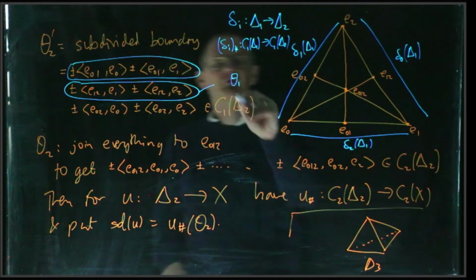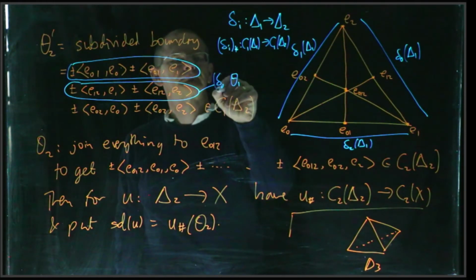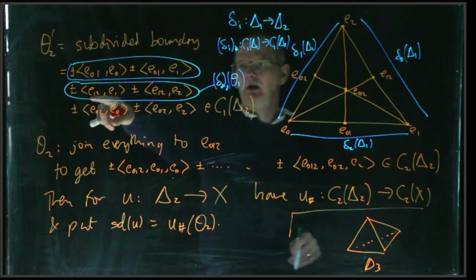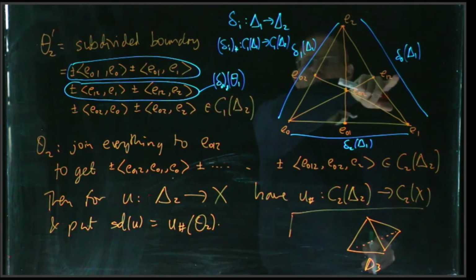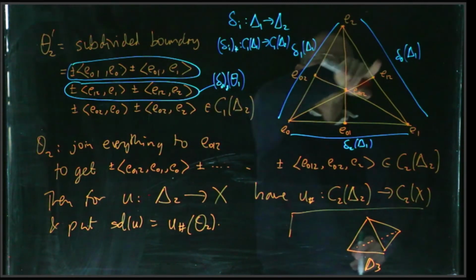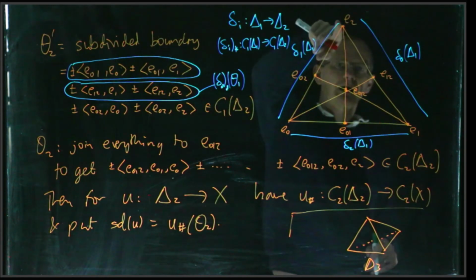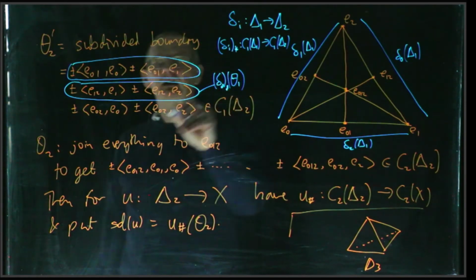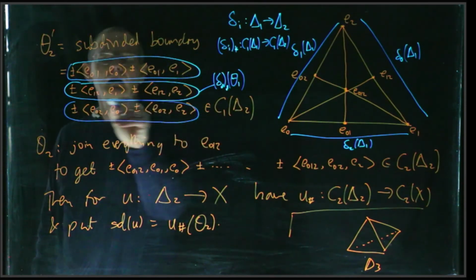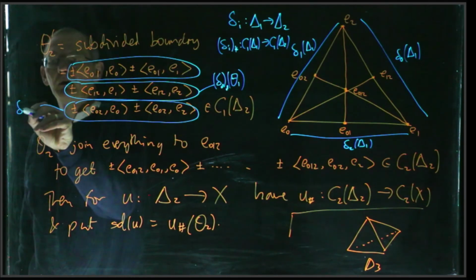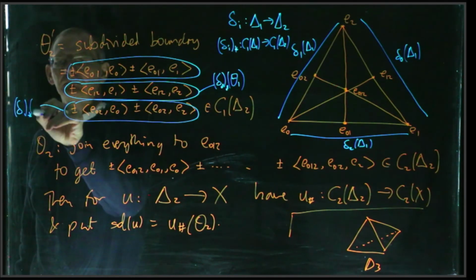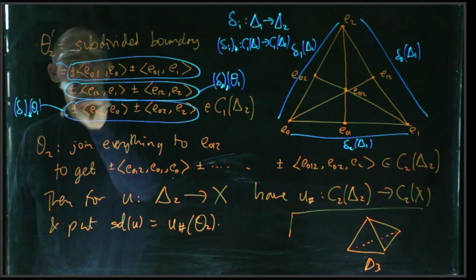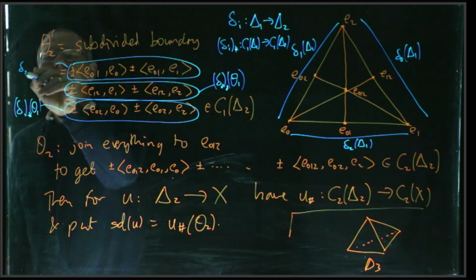So what we've done is we've applied delta 0 to it. That's what these terms here are. This is what we get by taking our theta 1 and pushing it forward using delta 0 to get a chain on this edge. And similarly, this group of terms here is delta 1 hash of theta 1, and this one was delta 2 hash.